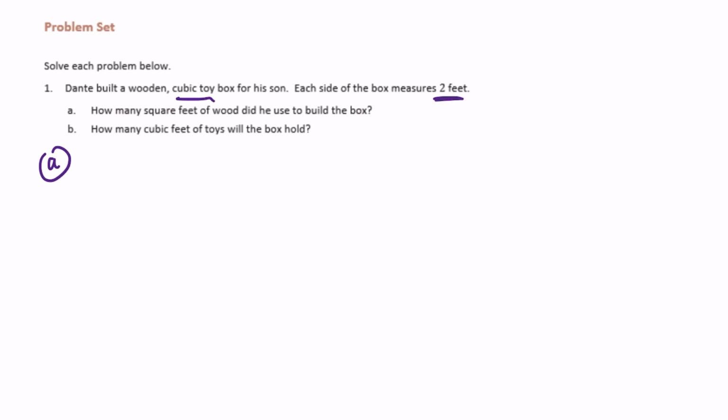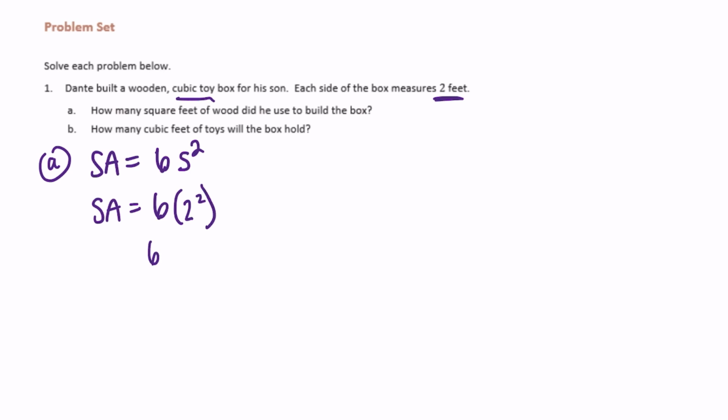And to find the surface area of a cube, all we have to do is 6 times the side length squared. So let's do 6 times 2 squared.